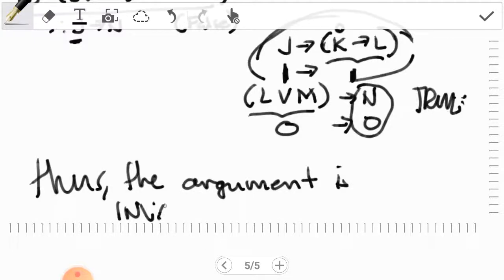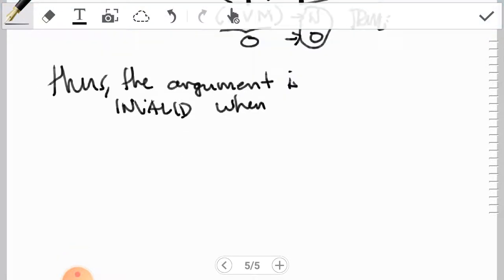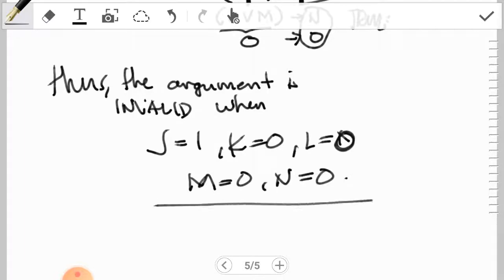What's our value? J, K, L, M, N. When J is 1, K is 0, L is 0, M is 0, N is also equal to 0. So that will now be our final conclusion.